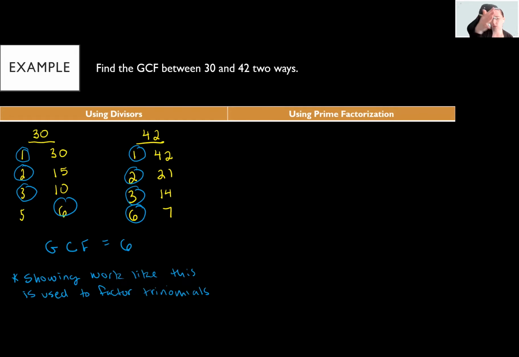So writing numbers in pairings like this is going to help you when you're factoring trinomials, because you're going to be looking for 2 numbers that multiply together to get you to the bigger number. So that's why I've set it up this way, is because this is a method that is used not necessarily to find the greatest common factor, but to just figure out what numbers multiply to a larger number. And later, you're going to be looking for a specific combination that adds to something else. So having them in pairs like this is very helpful.